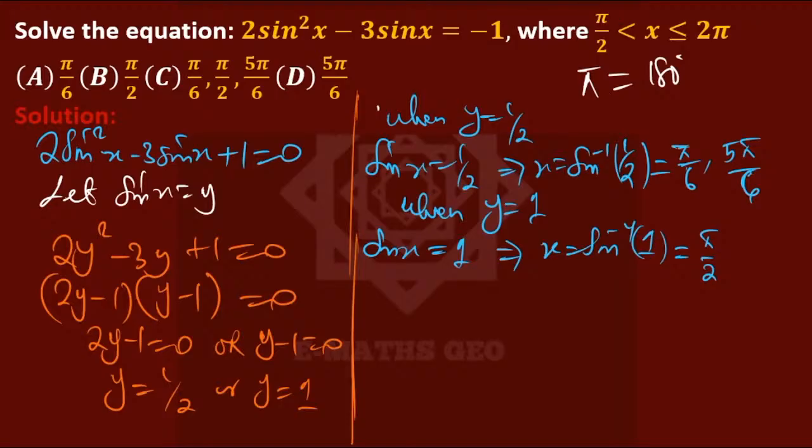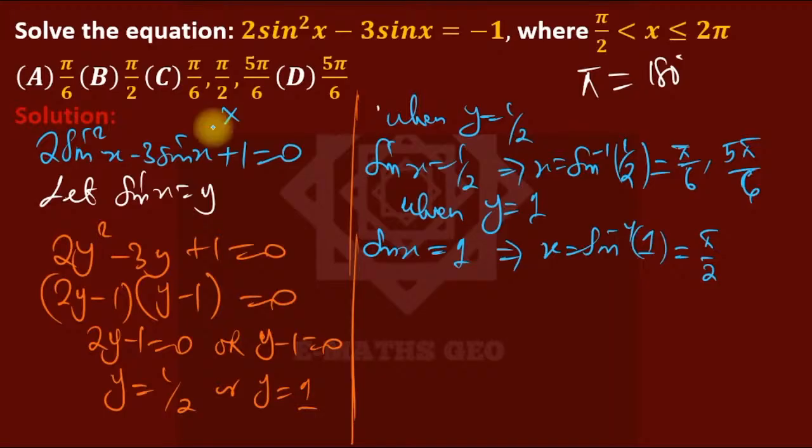But they gave us this condition. Look at what is given. They said the angle is between 90 and 360, and 90 is not even included. So pi over 2 is off, and pi over 6 is off too.